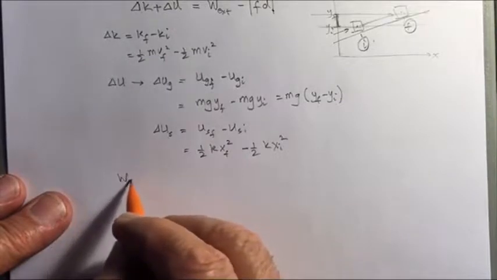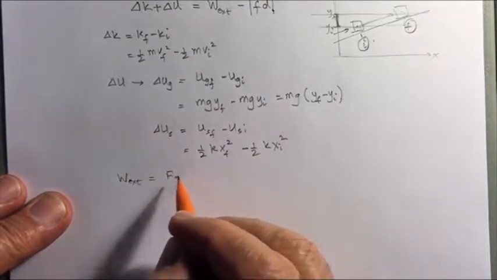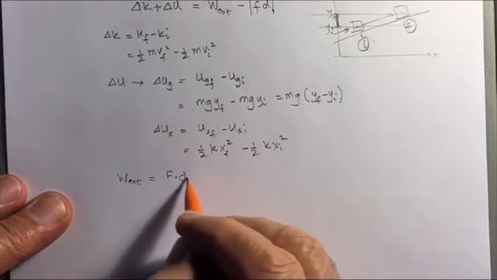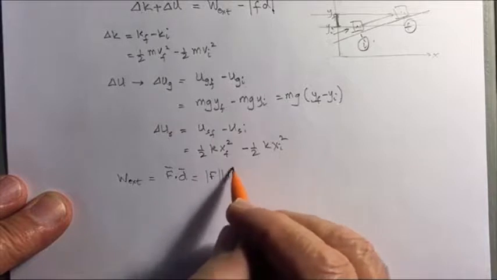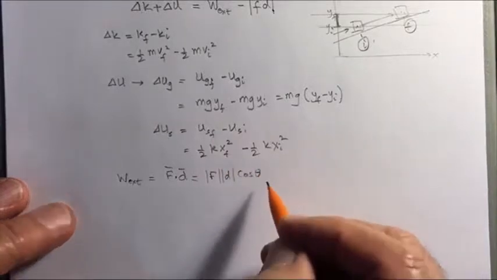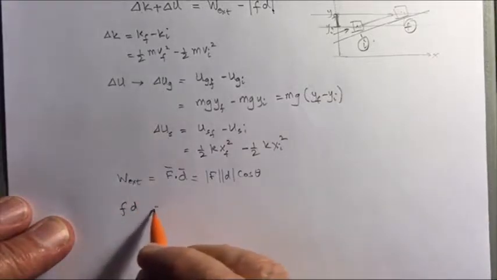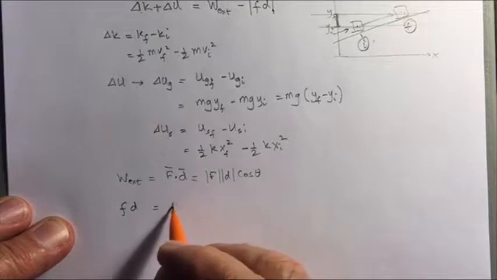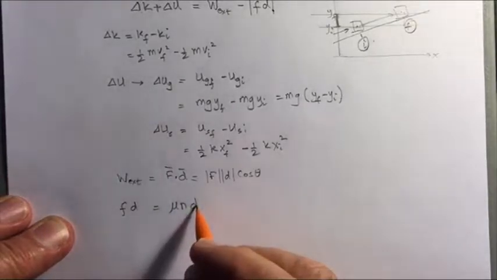The work external would be F times whatever is the displacement, or the magnitude of F times the magnitude of the displacement times cosine of the theta between them, and the FD would be, well, F is going to be mu times the normal force times the displacement.